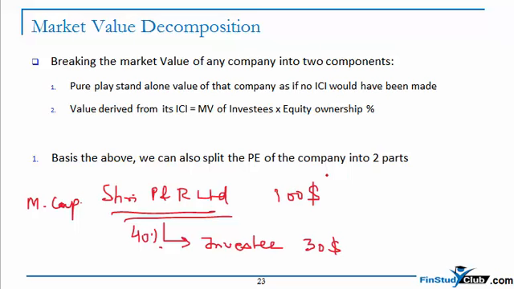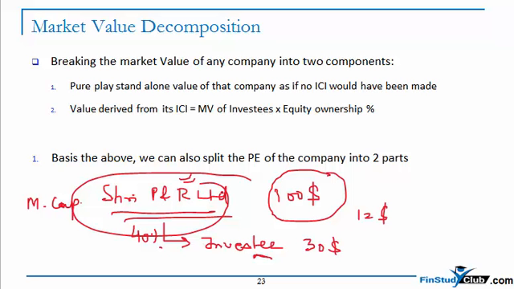That means in the entire valuation of Shriram Pistons, 30 multiplied by 40%, $12 are being derived from the work that Shriram is not doing, but its investee is doing. So what this particular slide talks about is that while evaluating Shriram Pistons, it is absolutely mandatory for you to analyze Shriram Pistons on a stand-alone basis.